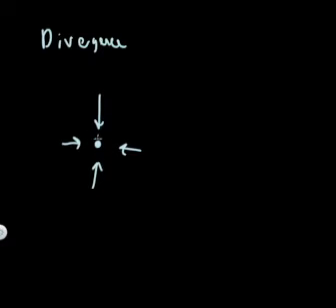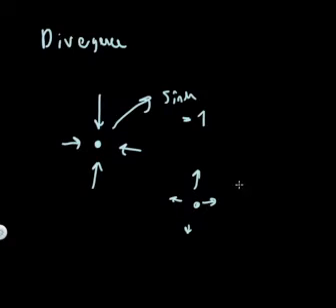But when we look at it from a divergence perspective, this is what we would call a sink. So the divergence in this spot would be negative, since it is converging into a single point rather than diverging from it. And if it is diverging from it, then it would be considered a source. As such, it would have a positive value.